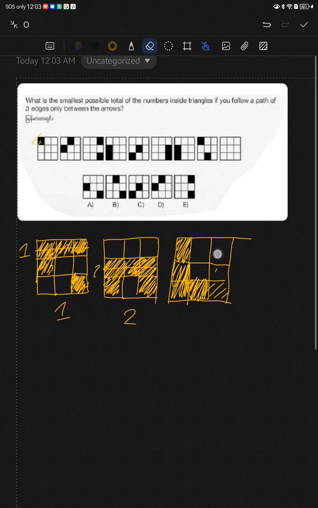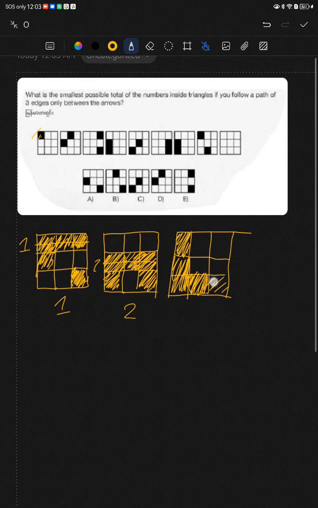Let's look for a choice that fills this and leaves 4 squares remaining. Out of these, A, B, and E are suitable candidates because they have this very last corner filled with a dark shade.